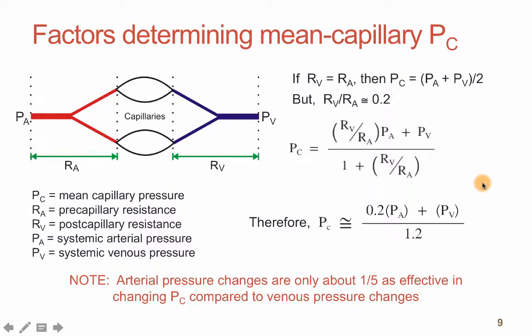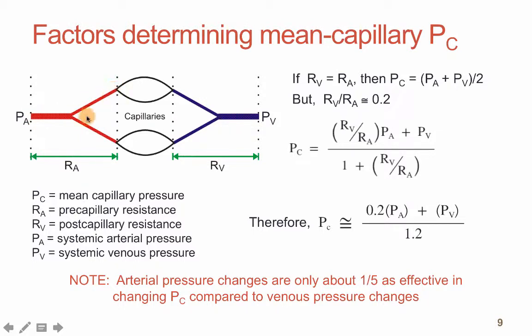Well, what determines capillary pressure, or specifically in the context of this slide, the mean capillary pressure? I have a model here showing a pair of capillaries here and a pair of capillaries here. These capillaries are derived from terminal arterioles, which are derived from a small arteriole.